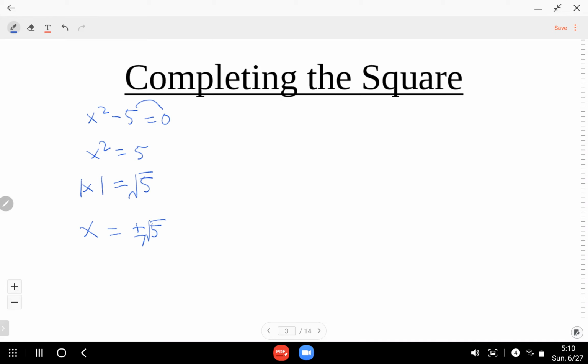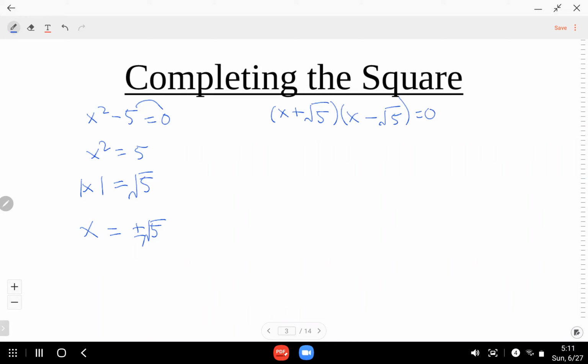That's going to be factoring using our square roots here, basically, which is just x plus square root of 5 times x minus square root of 5 equals 0, and that's just using difference of squares.